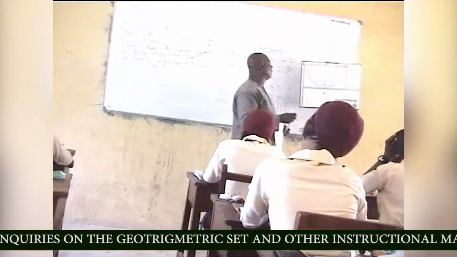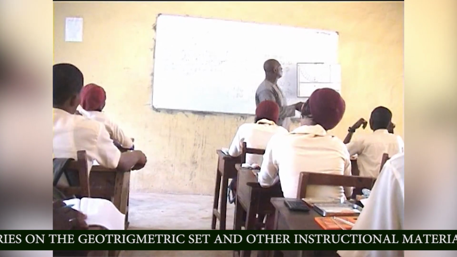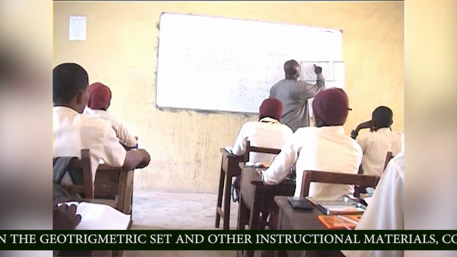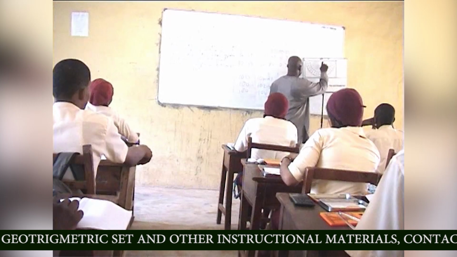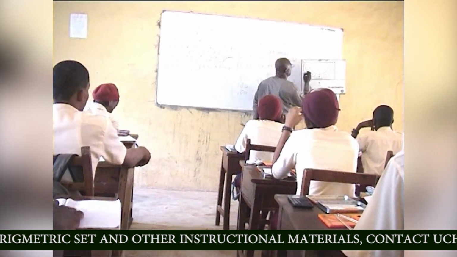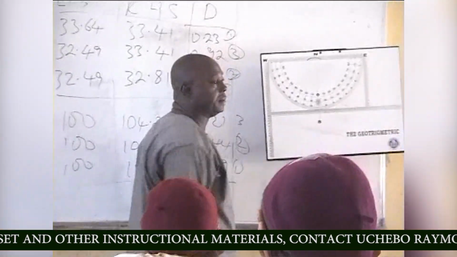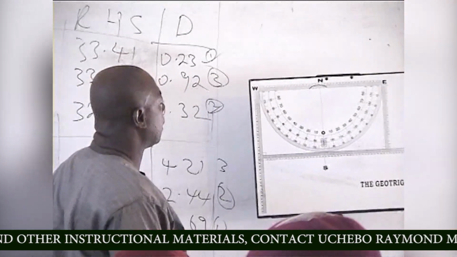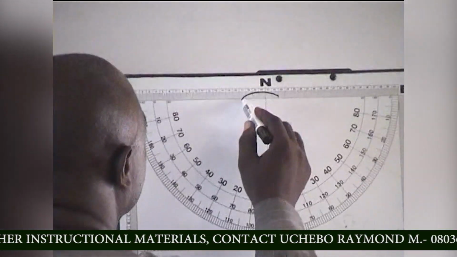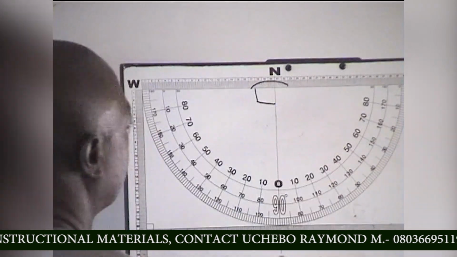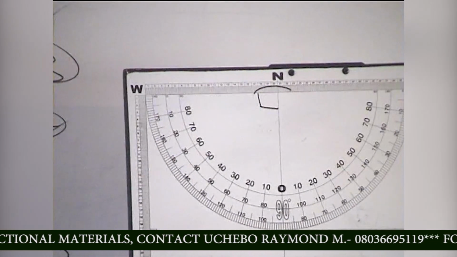360 degrees, you can illustrate it here. From here to here, how many degrees? 180. How many degrees? 90.